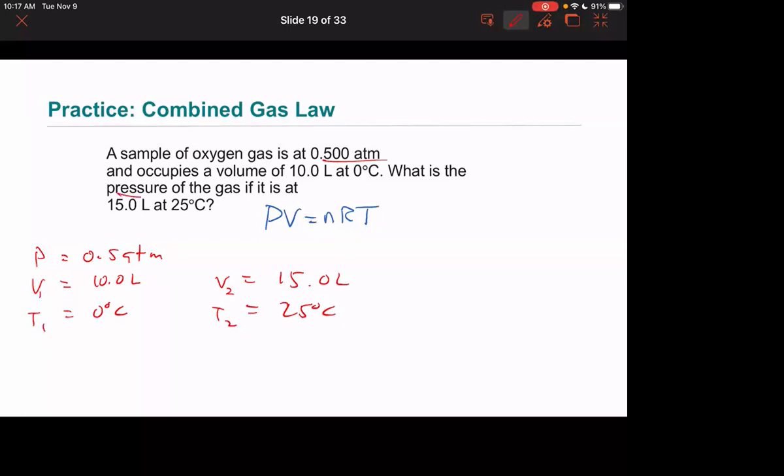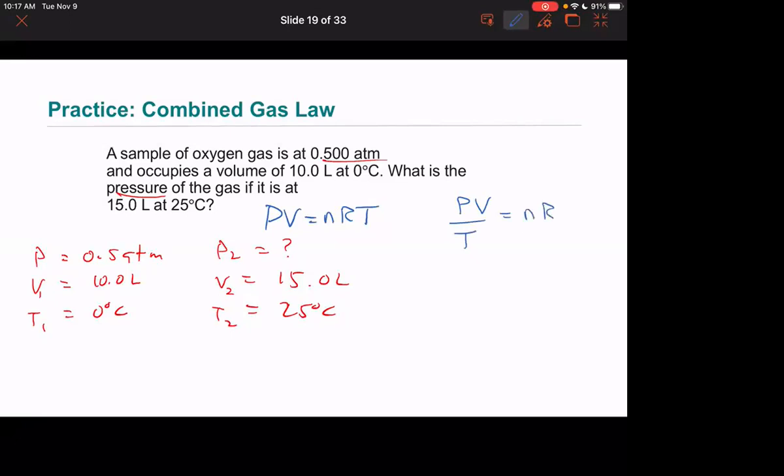And what is the pressure under this new condition? So basically what I'm after is P2. The only things that are constant are n and R, right? So I can rearrange this and say PV over T is equal to nR. That's the constant.